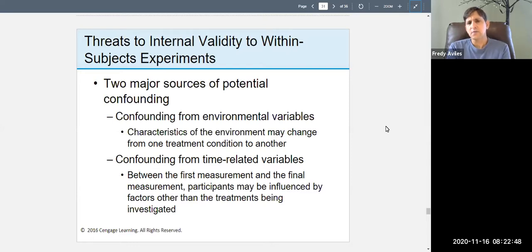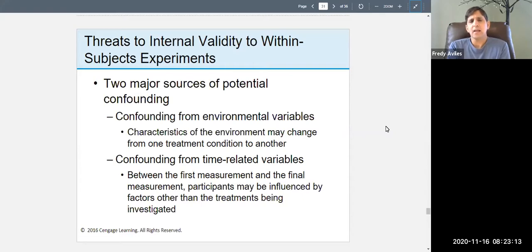So let's say the participant comes in and participates in treatment group 1, the group that receives alcohol. And then let's say some days later, the same participant comes in again and participates in treatment 2, the placebo group, not real alcohol.